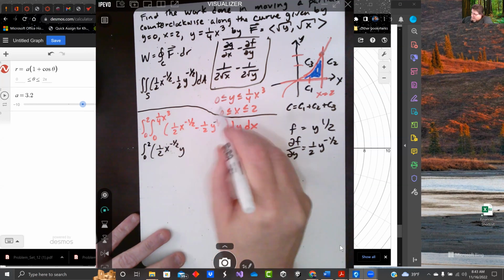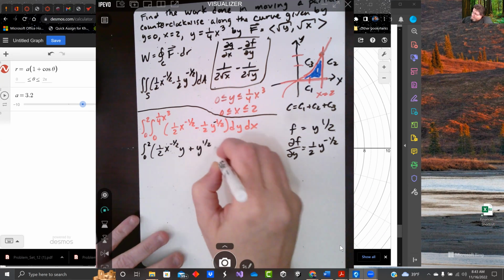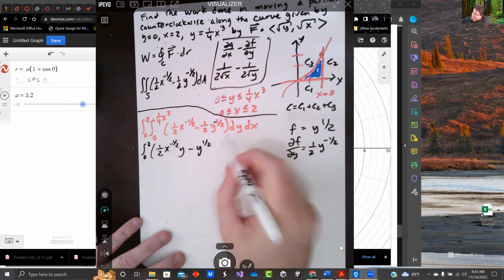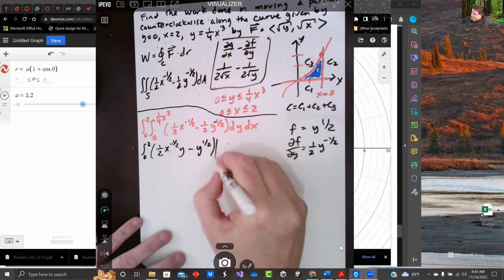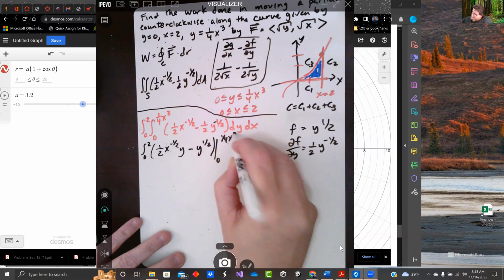Here we go up the power, divide by the power: y to the 1/2, not plus, minus. And we're evaluating that from 0 to 1/4 x cubed dx.